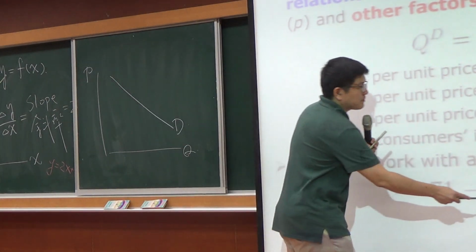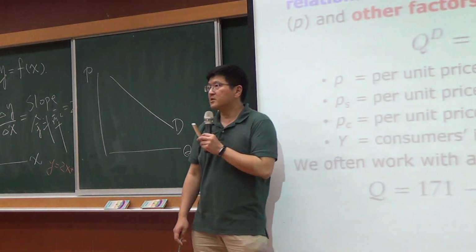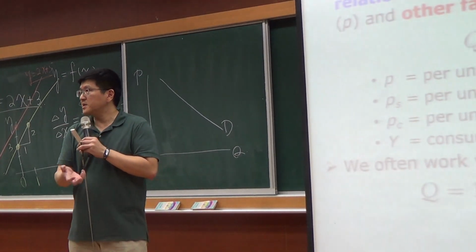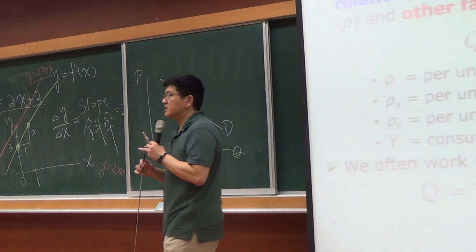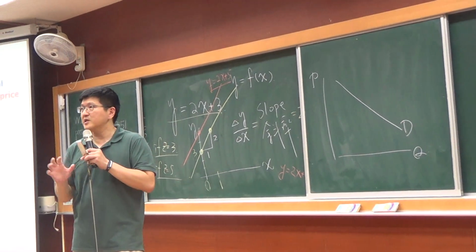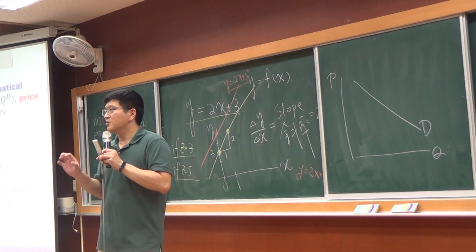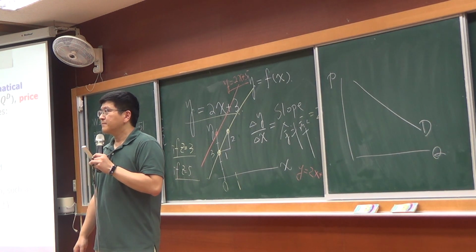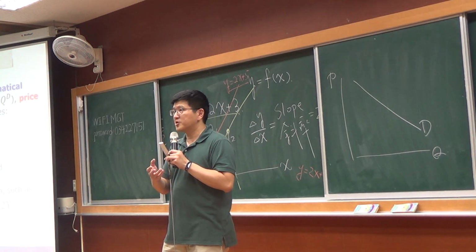So what kind of relationship is there between good B and the good we are talking about? The more expensive good B is, the more it can increase the quantity of this good. So what is the relationship between these two goods? Is good B a substitute or a complement? Think about beef and pork. So beef and pork are substitutes, right?